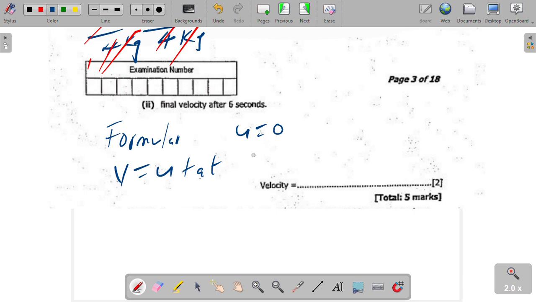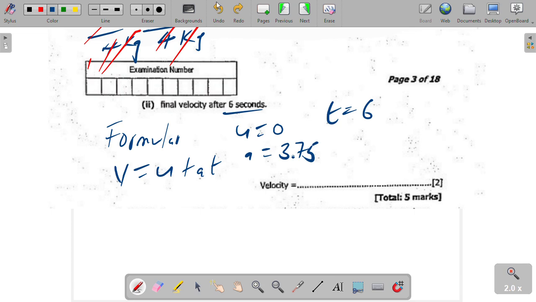Do we have acceleration? We found in our last question, which is 3.75. Do we have time? Time we have been given in the question, 6 seconds.